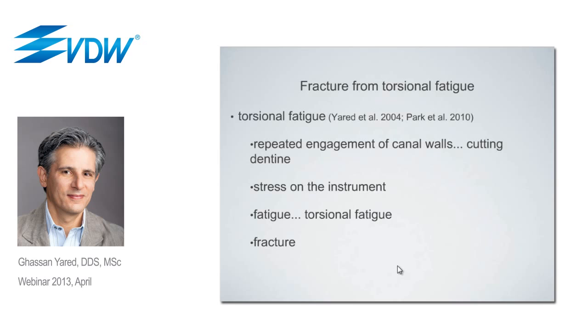It will engage dentine and cut dentine. So when it does that, it is being subjected to stresses. The repeated stresses in rotation while cutting and engaging the canal walls can cause metal fatigue, which ultimately can cause the instrument to fracture. This is what we call fracture from torsional fatigue.